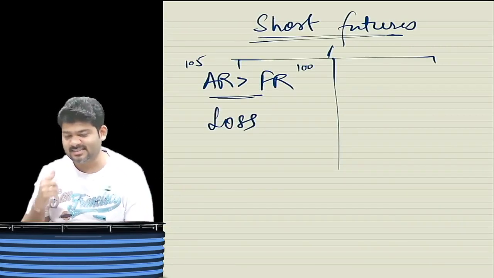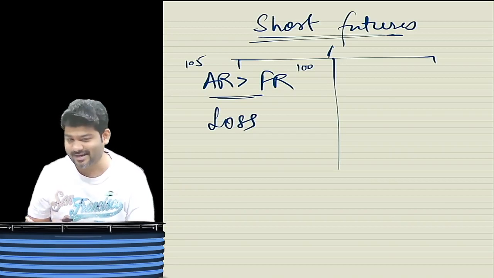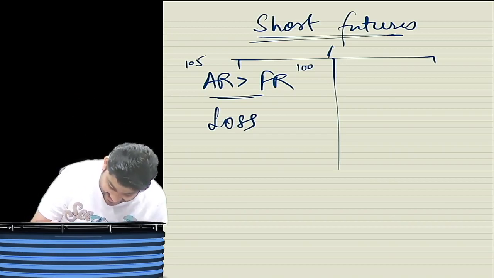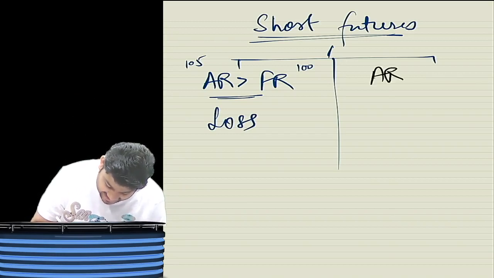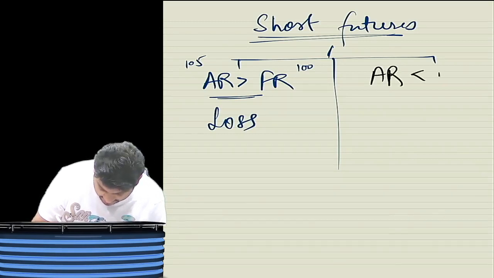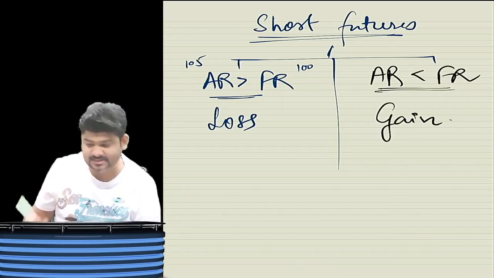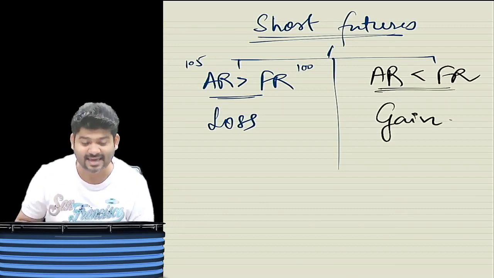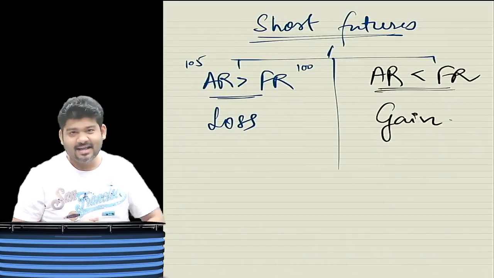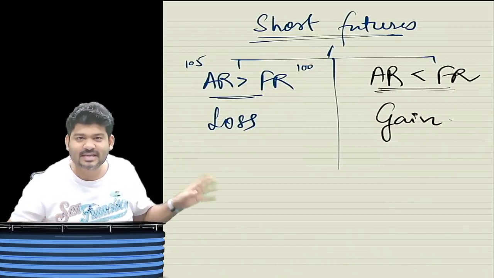We are selling it at 100, while the market is selling it at 105. And vice versa, when AR is less than FR, we will be at a gain. Are we clear, guys?